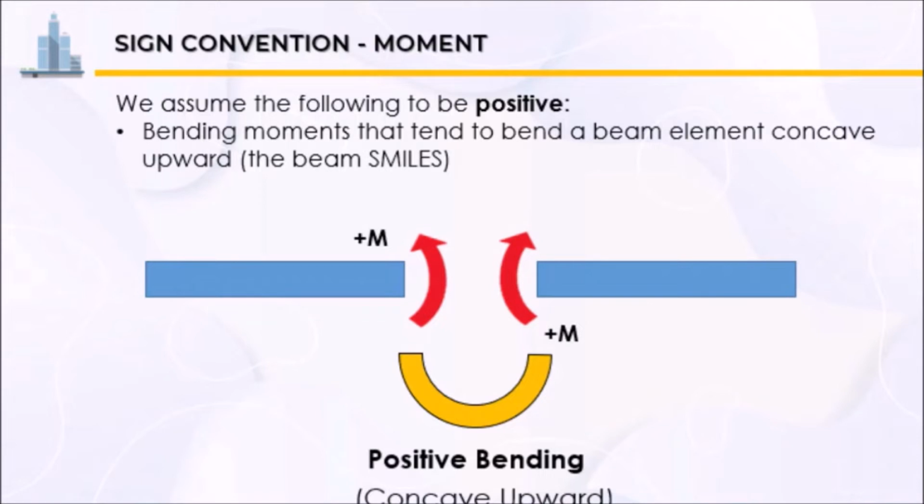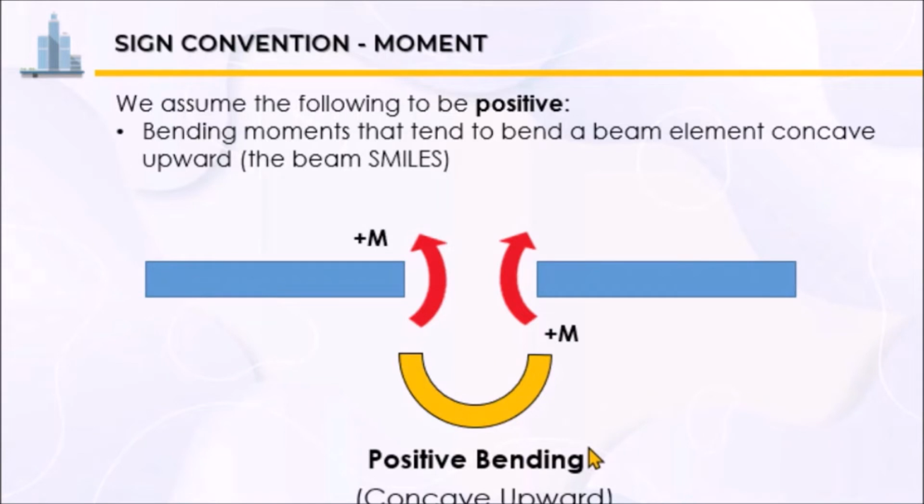So, kagaya kanina, we cut a beam into two segments, left and right. So, for us to consider it positive, unahin natin itong nasa left segment. So, paano ba siya magiging concave upward? Paano ba siyang ngingiti? So, dapat, ang moment mo ay counterclockwise para ma-bend niya itong beam natin na blue na maging kagaya nitong kulay yellow.